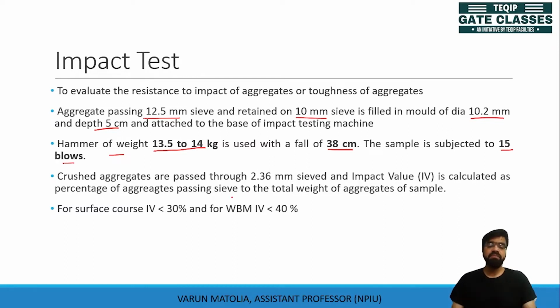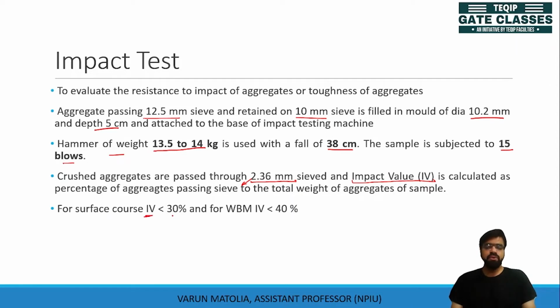Then the sample which is left after impact is passed through a 2.36 mm sieve. In the same way which we have earlier seen, the impact value is calculated, which is the percent of aggregate passing the sieve size of 2.36 mm to the total weight of the aggregate sample.